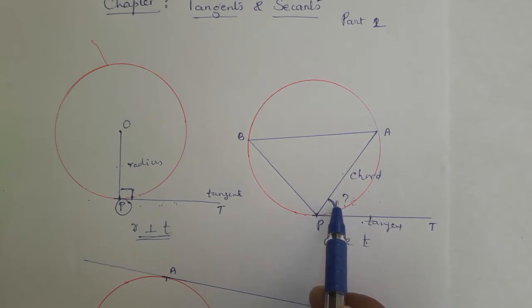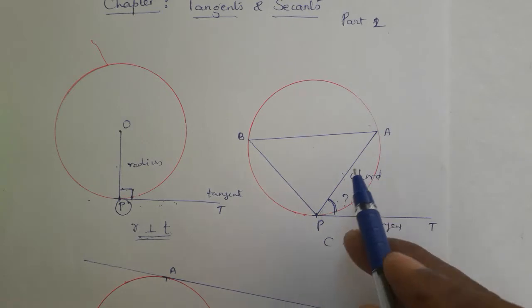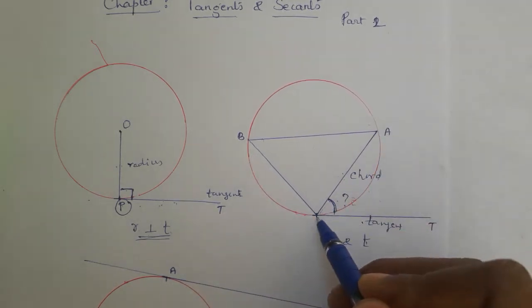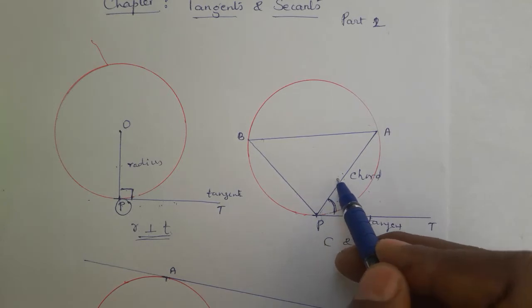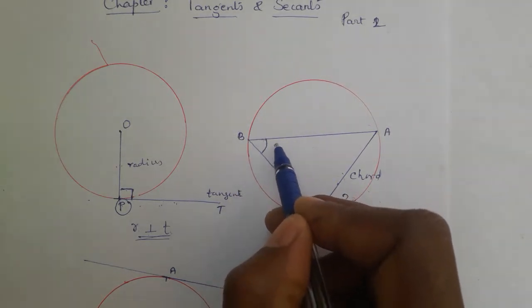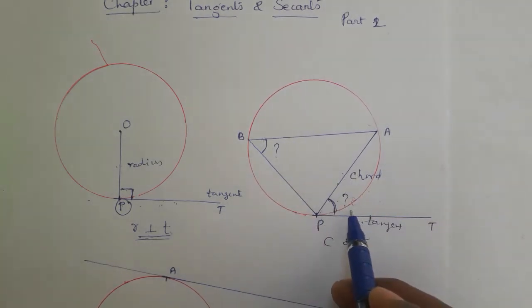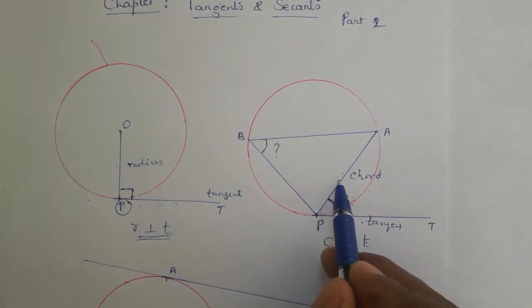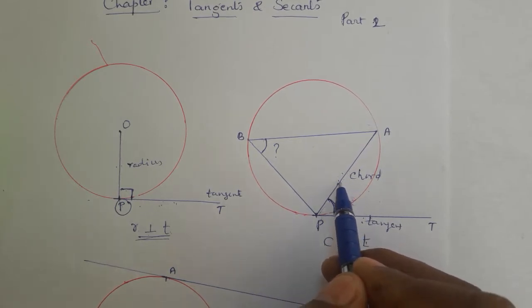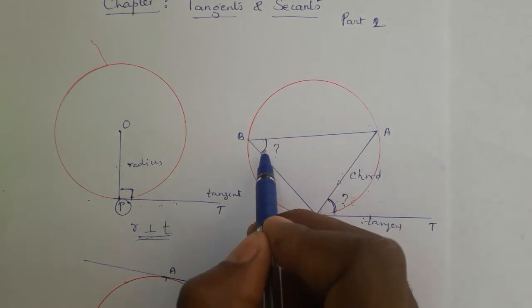To find this angle, note that the AP chord makes an angle at the circumference. Look, this is the AP chord, and it forms an angle at the circumference, that is B. The angle the AP chord forms with this tangent is the same as the angle the same AP chord forms at the circumference.